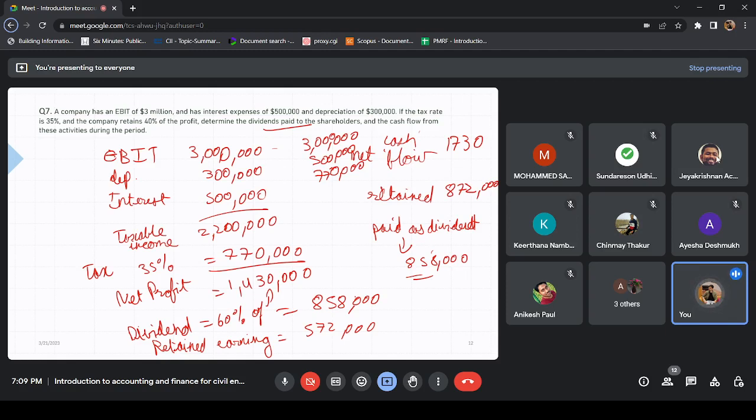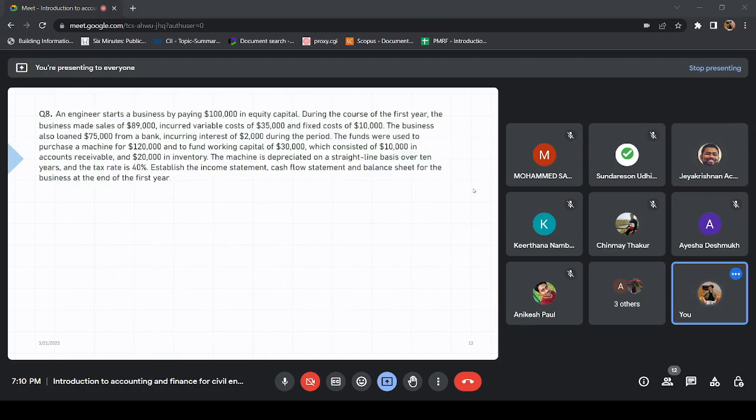Cash that came in was earnings before interest and tax, $3 million. Cash that went out: we paid the interest and the tax. That made your net cash. Then you also paid out dividend, so whatever is remaining is your retained. Cash in, cash out. Okay, does this sound good?